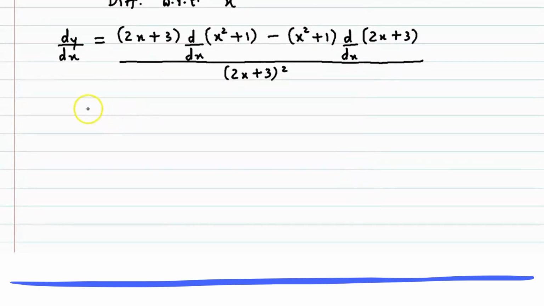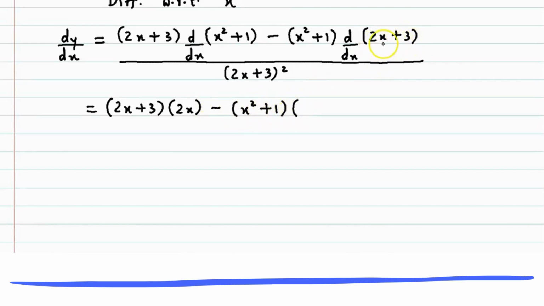Now we proceed further. Now this term remains as it is, so we have (2x plus 3) into, now here there is addition, so we perform the addition rule. Derivative of x square is 2x, derivative of 1 is 0. So further we have minus (x square plus 1) into, again addition rule.